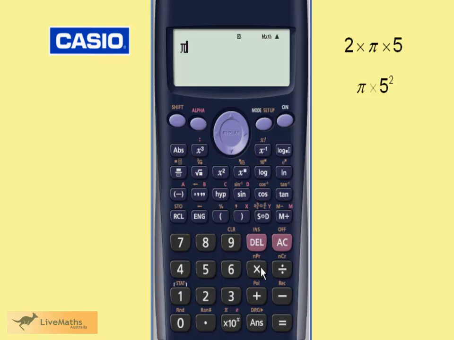Pi times 5 squared equals. We have 25 pi here. Remember, 5 squared is 25. Press this button to get a decimal, and we can then round this as appropriate.